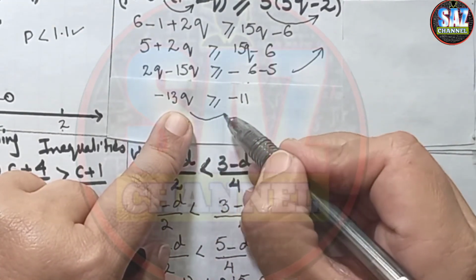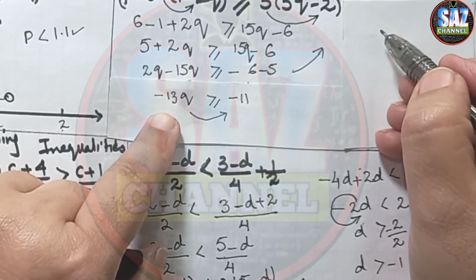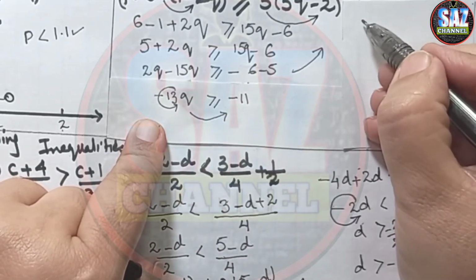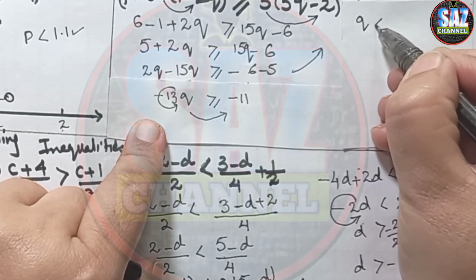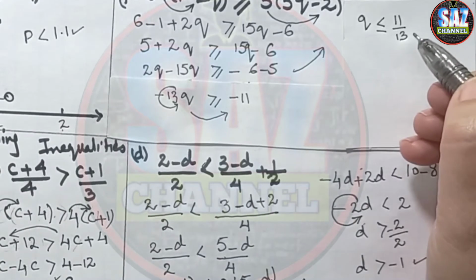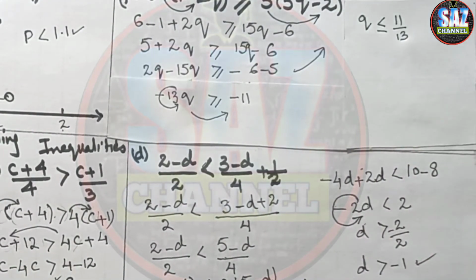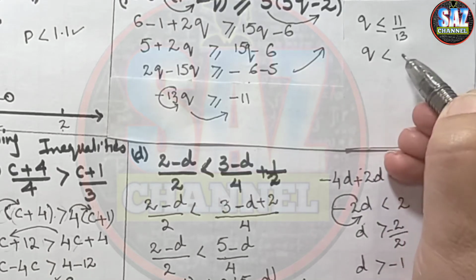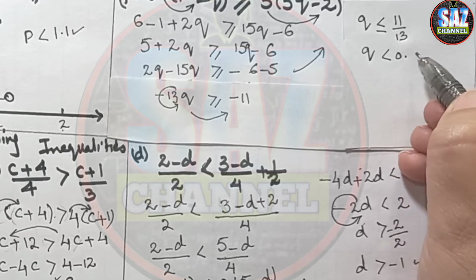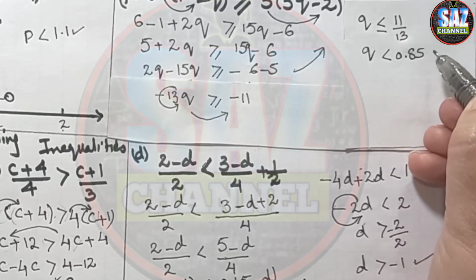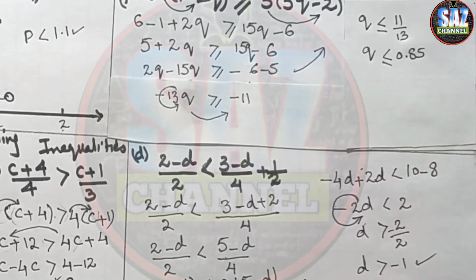What we can do is shift this -13 to the other side, and the inequality will take the form q ≤ 11/13. 11 divided by 13 is 0.84, so q is less than or equal to 0.84685. I hope you are clear about this solution.